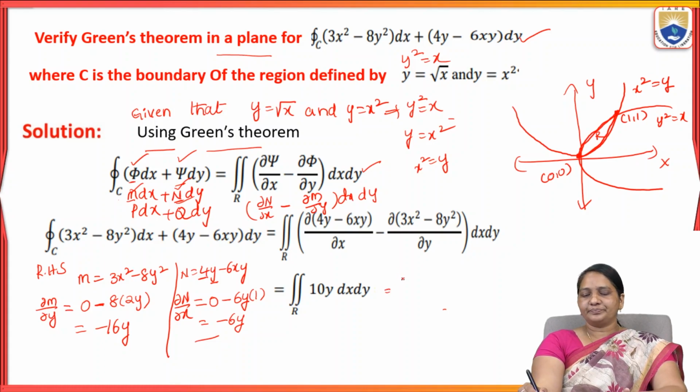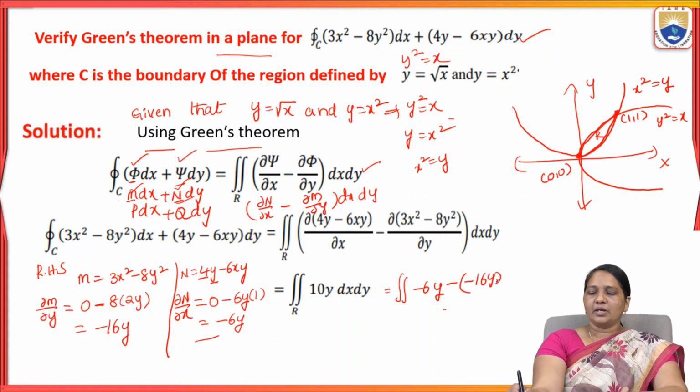Now this is the double integral. Dou N by dou x is minus 6y, minus dou M by dou y, which is minus 16y, into dx dy. So the double integral of minus 6y plus 16y dx dy.